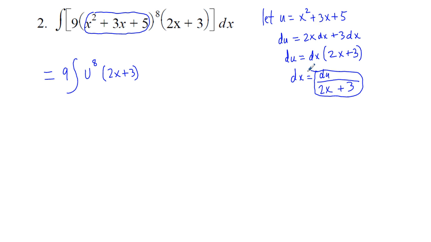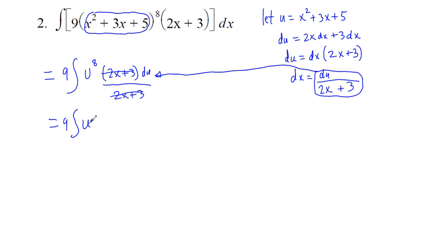We're going to replace the dx, so we're going to place here du over 2x plus 3. Now, what happens here? If we've done this right, we should get a cancellation to neaten things up a bit. So we're equal now to 9 times the integral of u to the 8th power du.